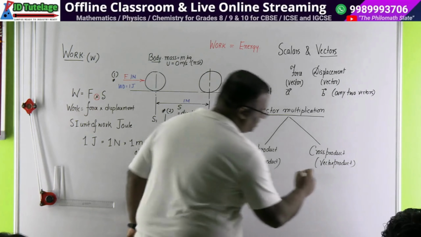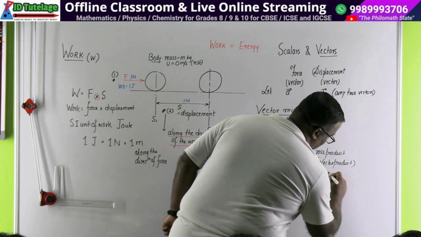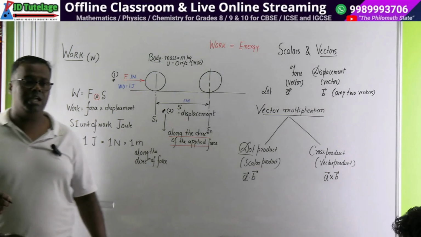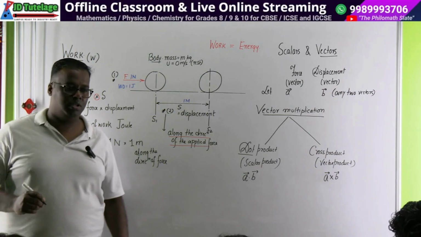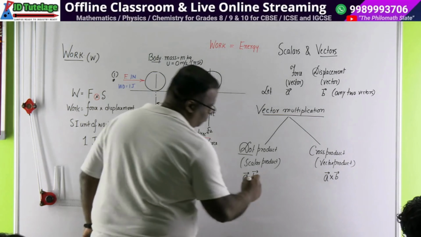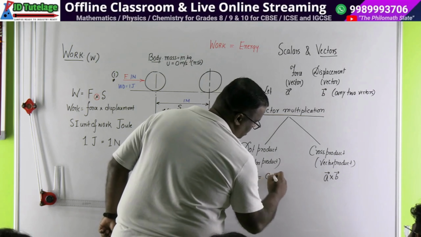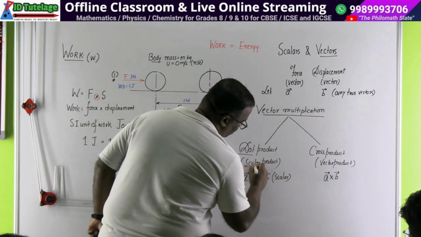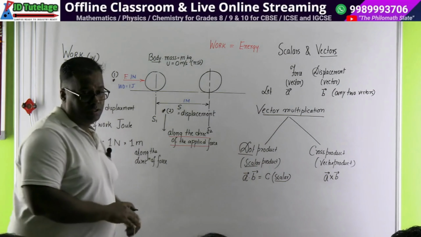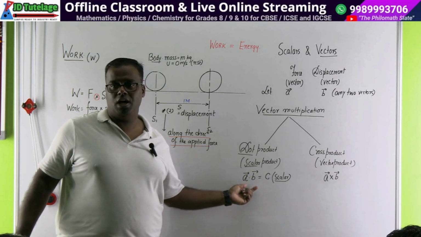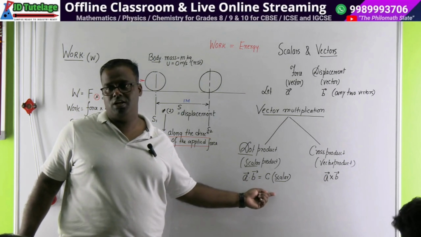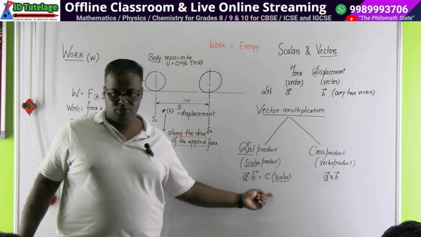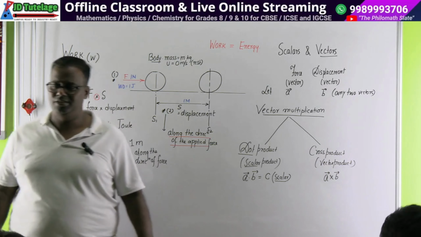This product is written as A क्रॉस B. दोनों में बहुत फर्क है, बहुत फर्क है. A dot B and A cross. A dot B will give me something which is C, and this C is a scalar. इसीलिए इसको हम बोलते हैं स्केलर प्रोडक्ट. दो वेक्टर्स के डॉट प्रोडक्ट में आपको वेक्टर नहीं मिलेगा, आपको स्केलर मिलेगा. वेरी इंटरेस्टिंग. व्हाट इज एनर्जी, वेक्टर और स्केलर?